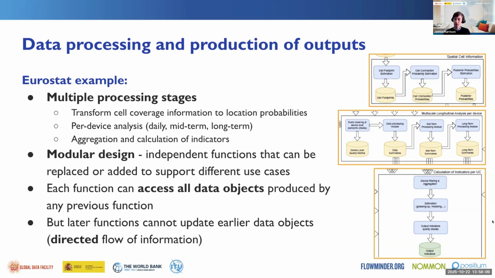And then the final stage, the final box at the bottom here, is the aggregation and calculation of indicators. So this is going from these individual device level summaries, filtering out any devices that maybe are not ordinary individual phone users, aggregating those, so going from having a single location per device to a count of the number of devices in each administrative region, for example.